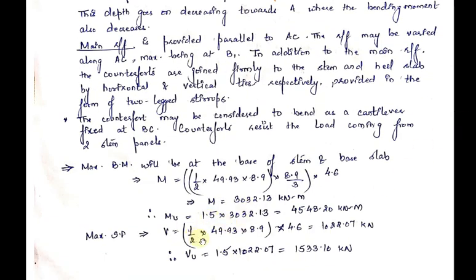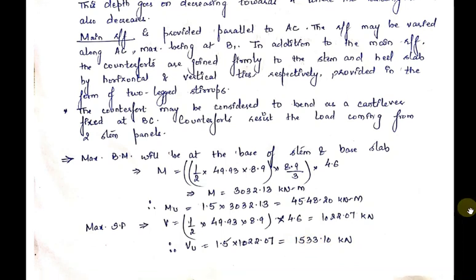Just take the area of this triangular portion, you will get the force. Again 49.93 is in kilonewton per meter, so multiply it with 4.6, so you will get the total shear force in kilonewton. So total shear force will come out to be 1022.07, and just multiply it with 1.5, you will get the ultimate shear force, that is the design shear force, that is 1533.10 kilonewtons.